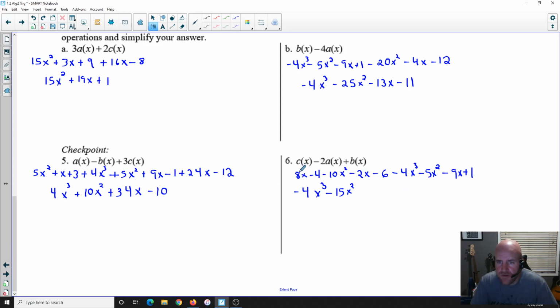And then x's, we have a 8x minus 2x, so that would be 6x, minus 9x, so that would be -3x. Now looking for constants, we have a -4 minus 6, so that'd be -10 plus 1, so -9. And that's it. That completes section 2.